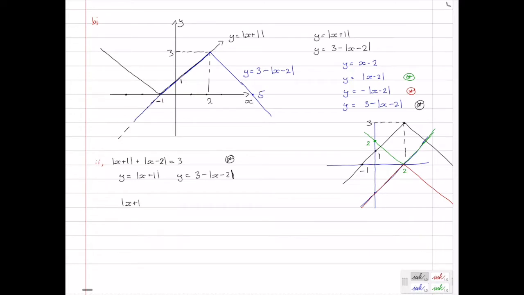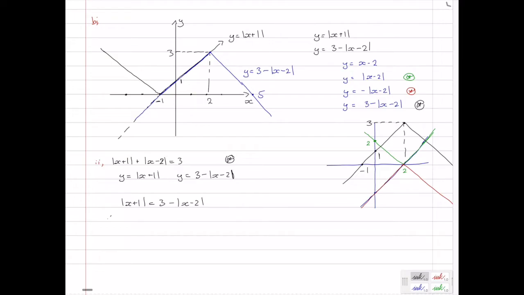The absolute value of x plus 1. Now I'm going to move the absolute value of x minus 2 to the other side. And the reason I do that is because now I can see that the left-hand side is my first graph and the right-hand side is my second graph. So when I'm solving this equation, what I'm really doing is seeing where these two graphs intersect. And we can see very clearly from our graph that they intersect when x is between -1 and 2.